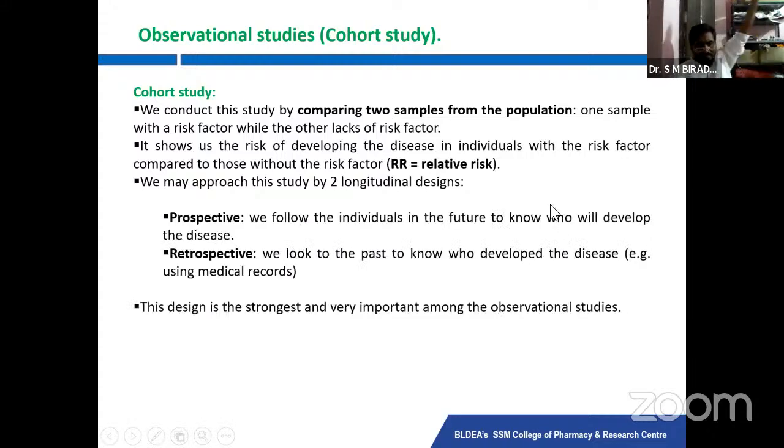This cohort study might be prospective or retrospective. Let me explain the main difference. Prospective is what we are currently doing and continuing in the future. We see the patient, collect the data, and analyze the data.